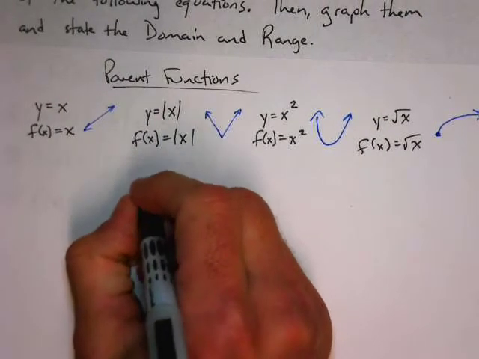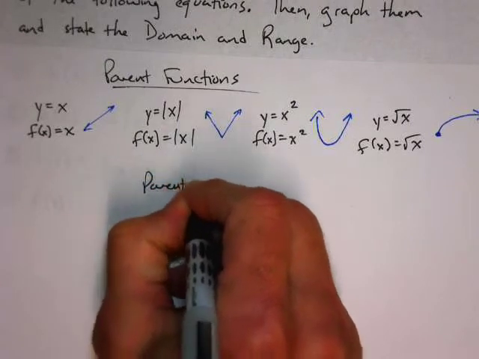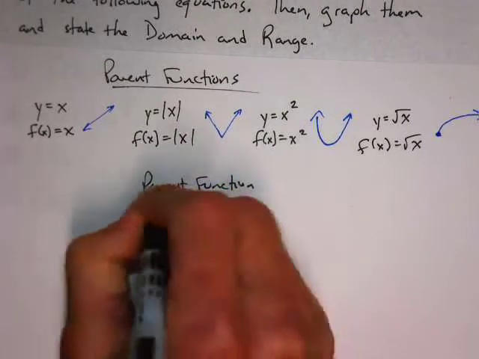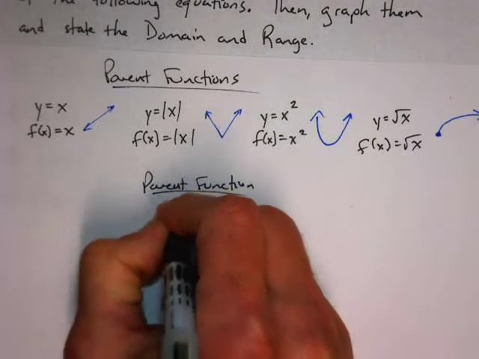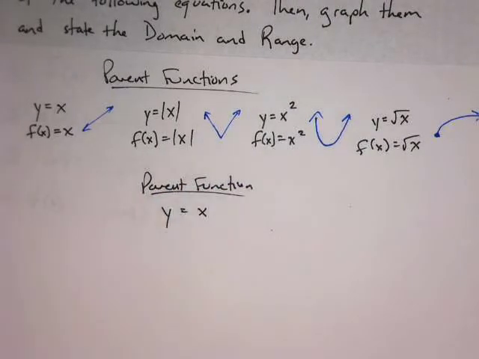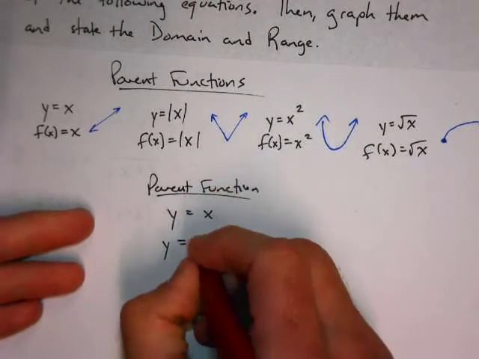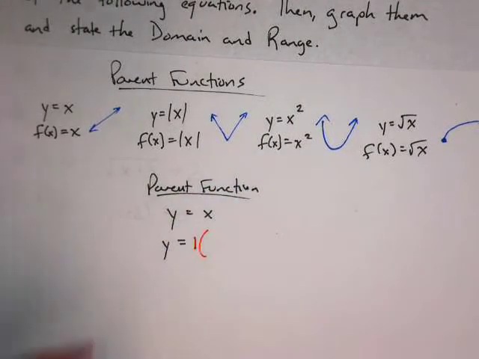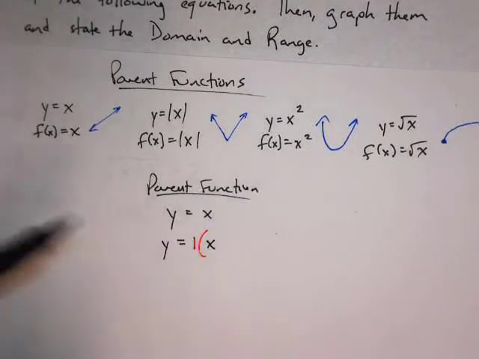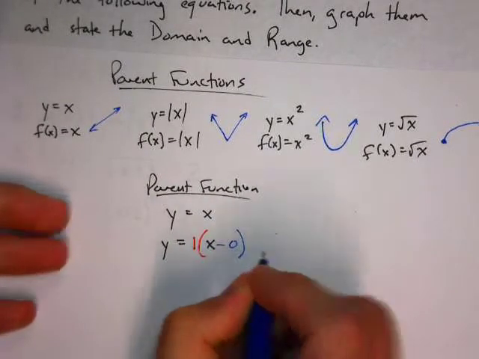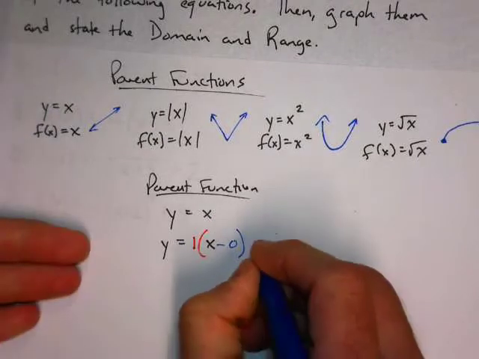So in general, if we have a parent function, let's call it y equals x, or f of x equals x, there are going to be some interesting things that occur with it. What this looks like right now, by the way, if I were to expand how this function looks, it could look like this. y equals, this is going to be kind of weird, 1 times x minus 0 plus 0.